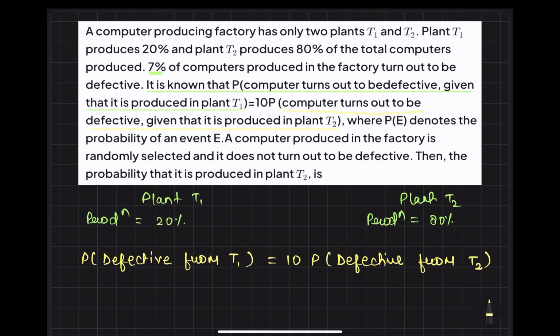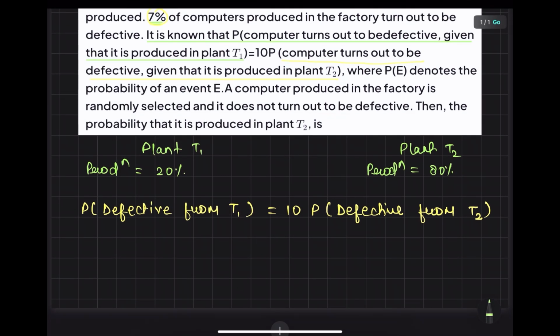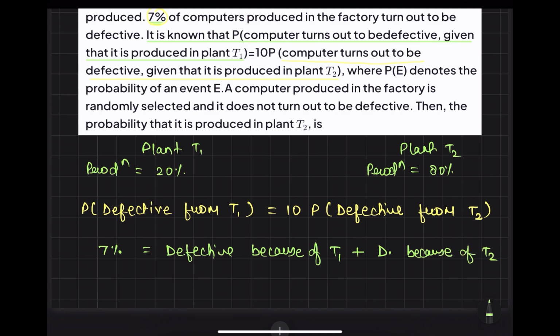Now we will extract some information. You know that altogether it is 7%. 7% means defective because of both. Now we will talk about defective because of T1 plus defective because of T2.